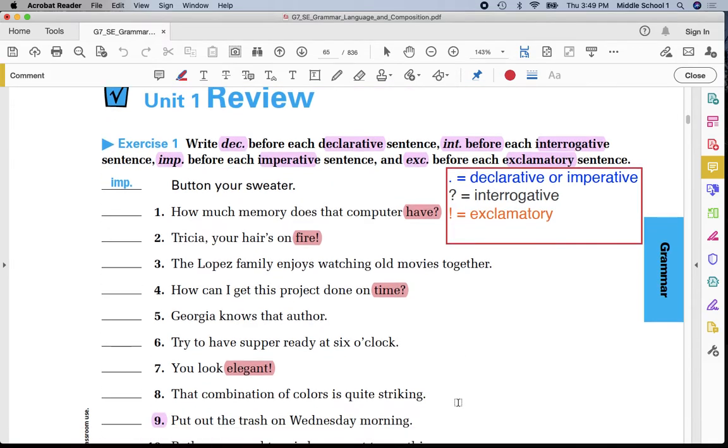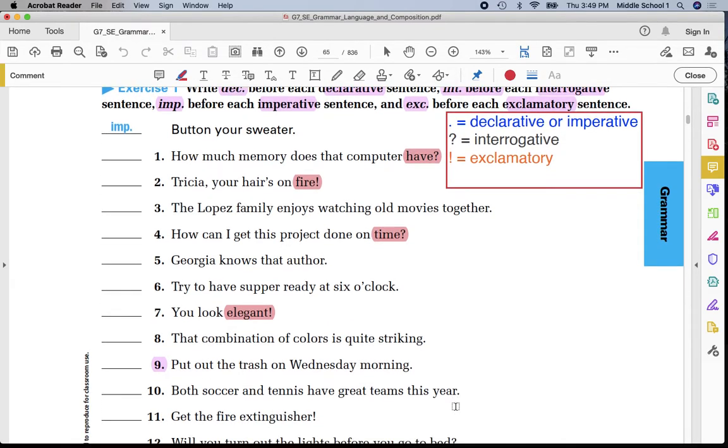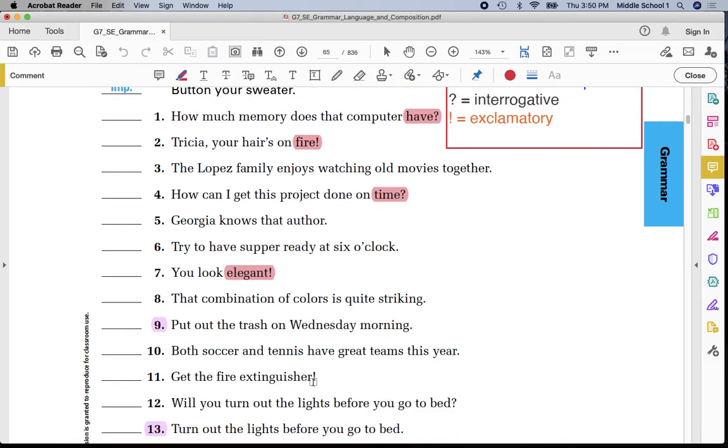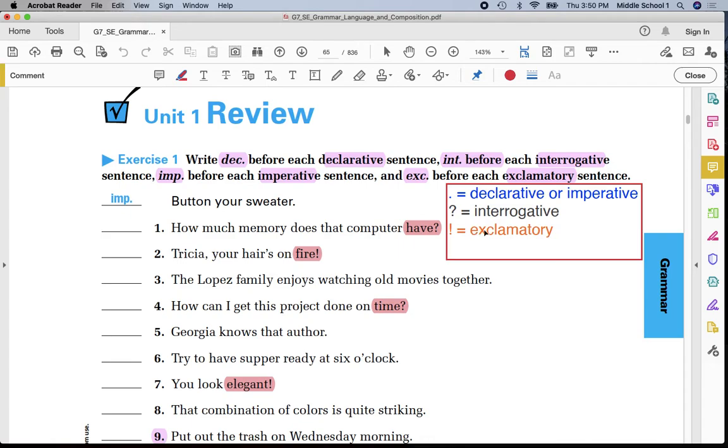So sentences like 1 and 2 and 4, 11 and 12 can be labeled simply as exclamatory because of the exclamation mark or interrogative because of the question mark.